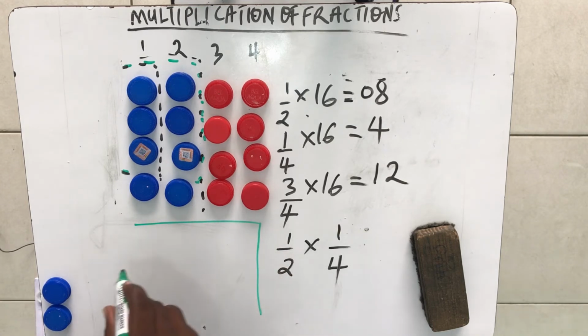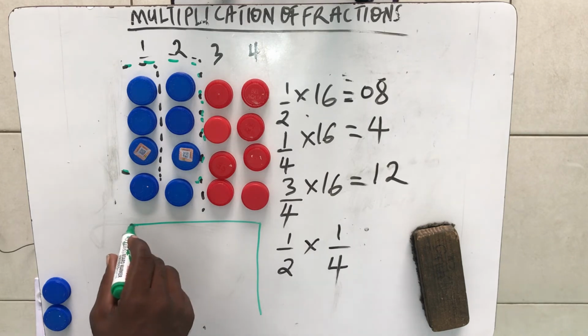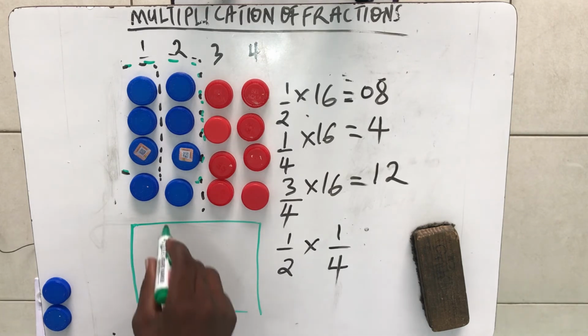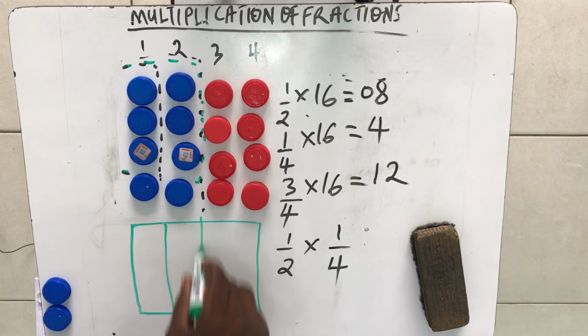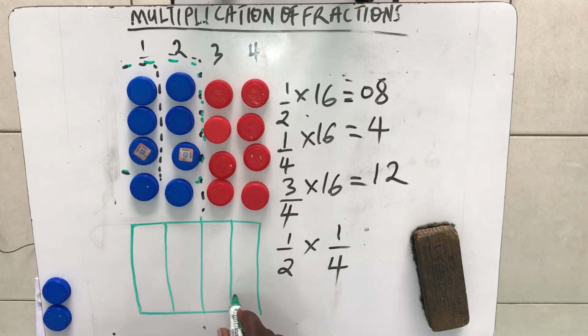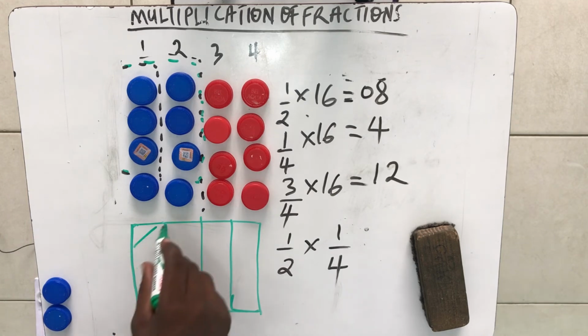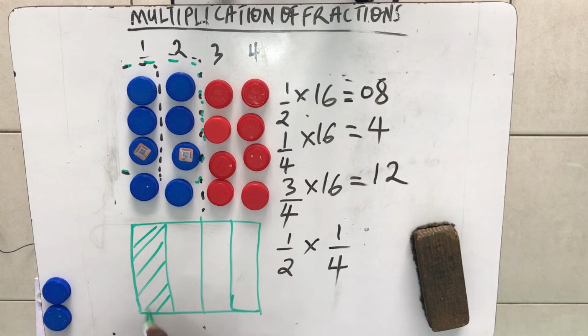It's going to be this way: 1, 2, 3, 4. So this is going to be 1/4, 1 out of 4.